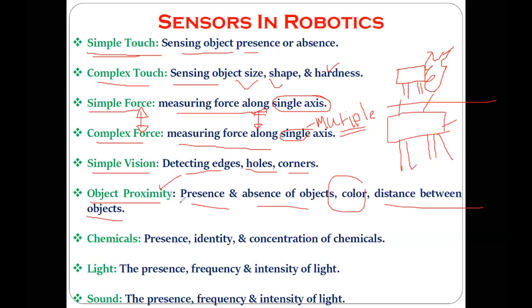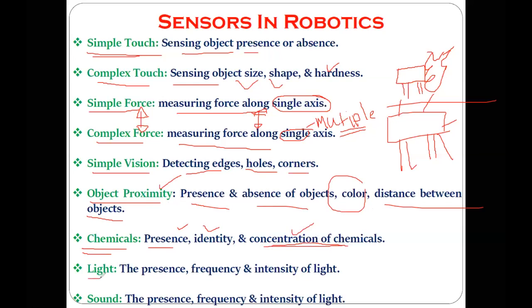Then we have sensors related to chemicals also, which give an idea about the presence or absence of chemicals, identity of the chemicals, and strength of the chemicals, like the concentration of the chemicals, etc.